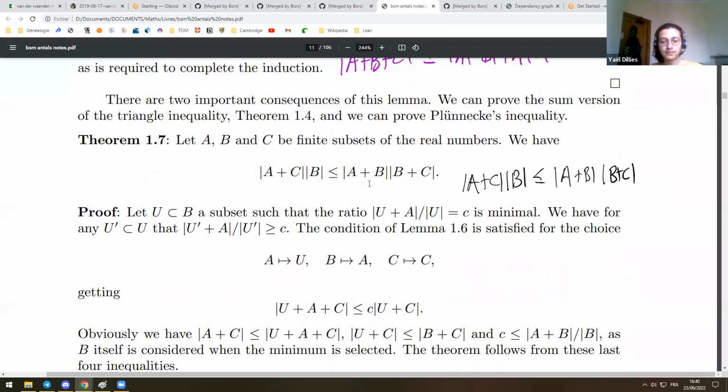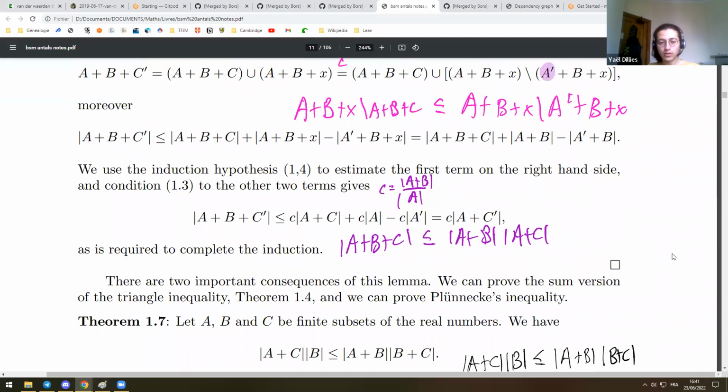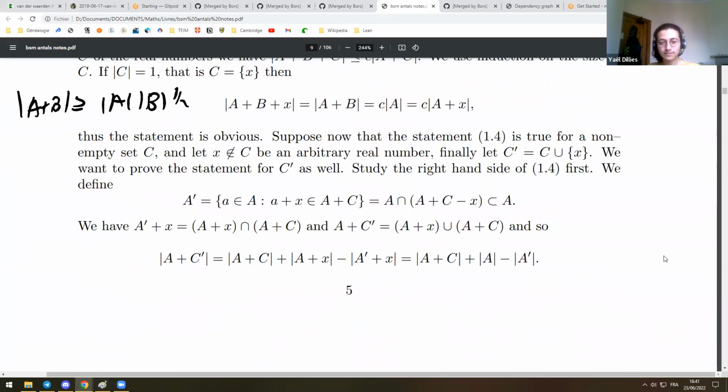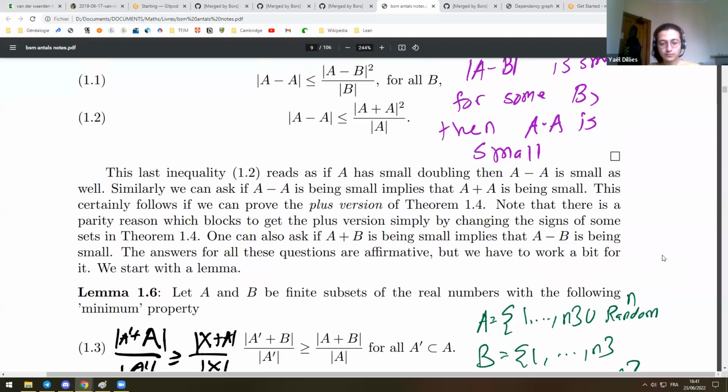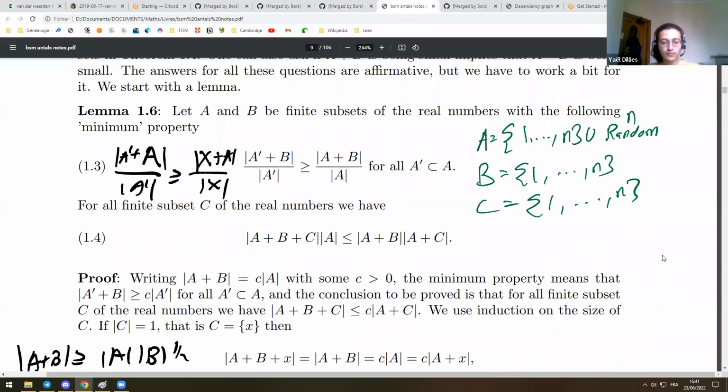So this is the same thing as before, but with plus signs. And we cannot prove it as easily as the first one. We need something in between, which is called Plünnecke-Petridis, which is this slightly technical lemma. And I do not really care about the statement. I mostly care about the proof.